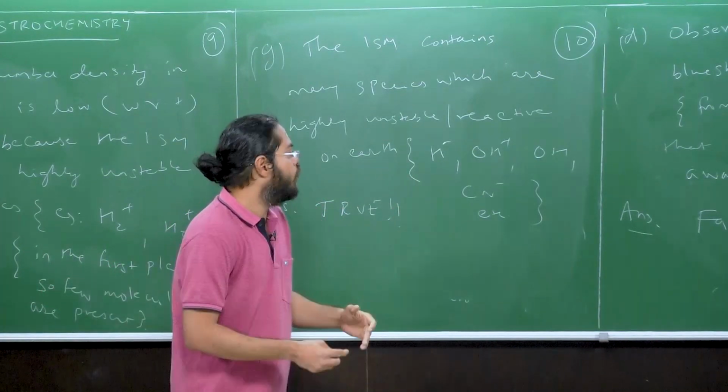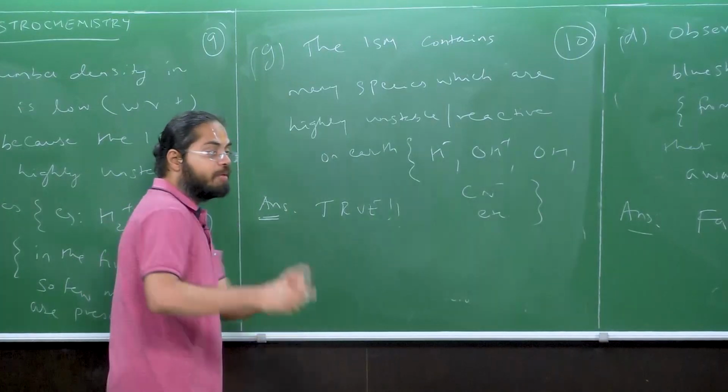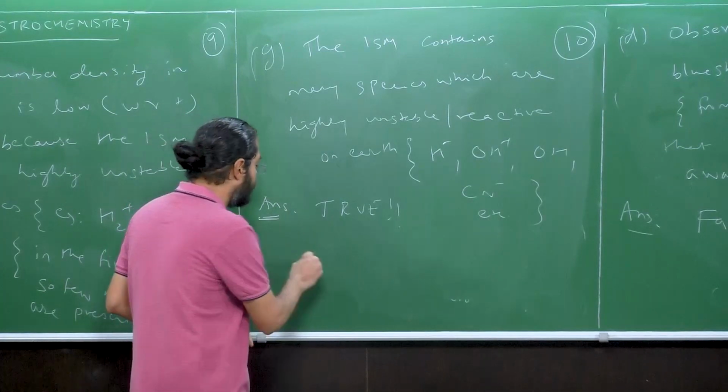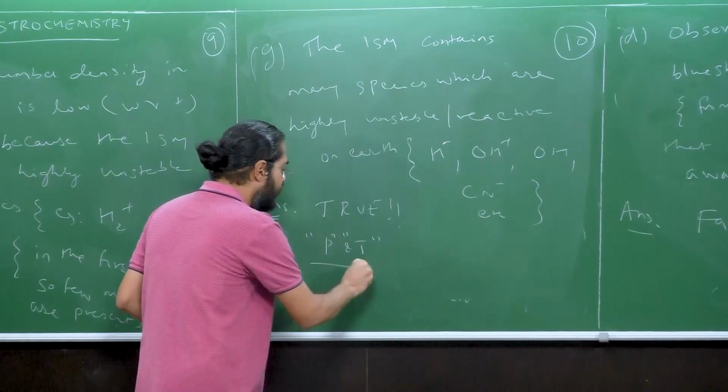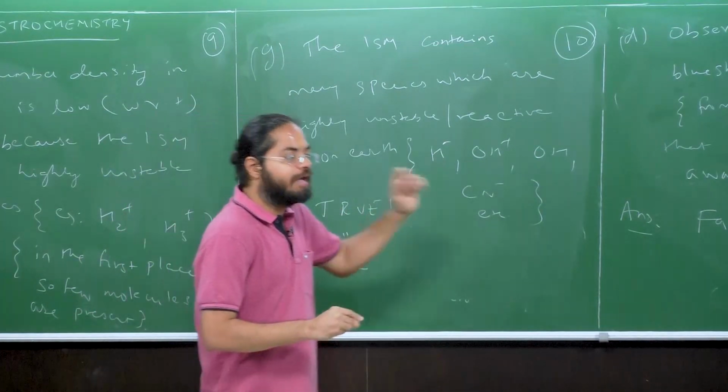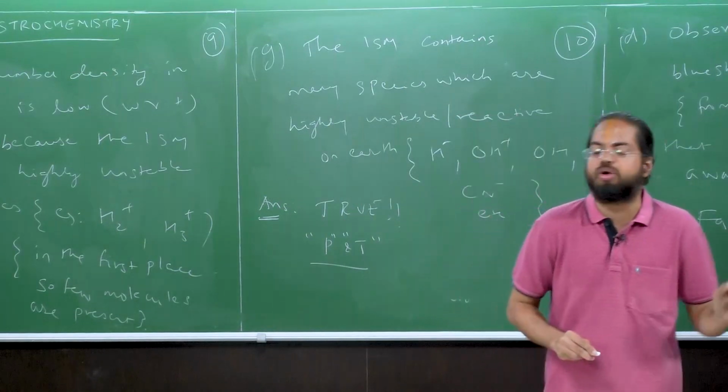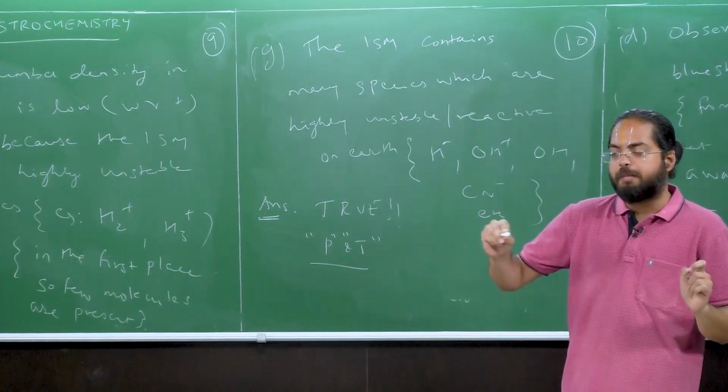correct? So in the ISM, what do I mean by condition? By condition, I'm talking about a combination of pressure and temperature, because the pressure and temperature in the ISM are so very different from what is observed on Earth.